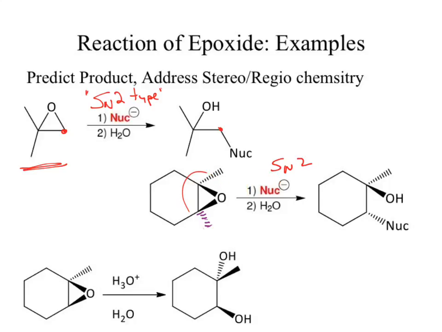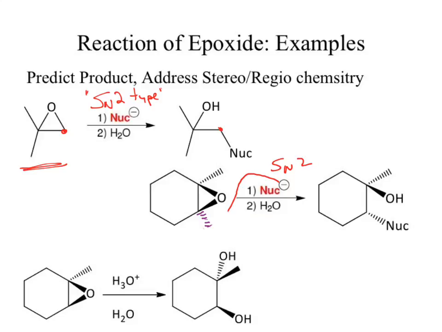The natural response is that when we draw, we're coming in and attacking that carbon. And yes, in this case, the carbons are both the same. Ideally, you don't show the arrow attacking there, because that sure looks like it's coming in right next to the oxygen, which if you were going to try and draw the product, you might very well show the nucleophile as a wedge, which it can't be.